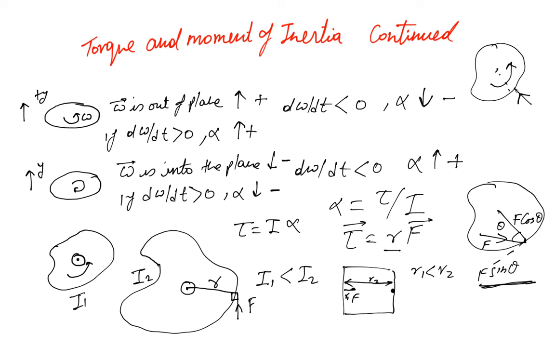And for the radial part, the contribution is zero, because there is no component of this force in the perpendicular direction, the tangential direction. And this component is tangential to the point where you are applying the force. So let's call this tangential component F perpendicular. So torque is given as R times F perpendicular.